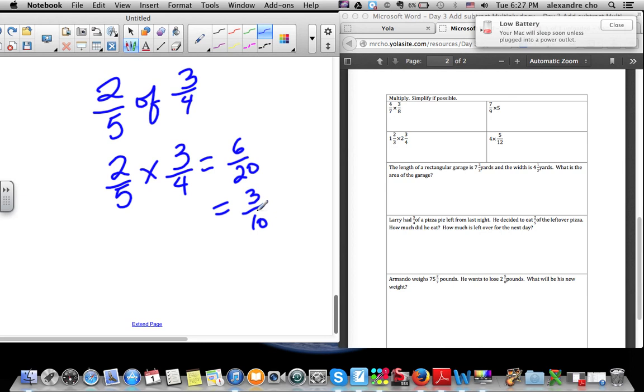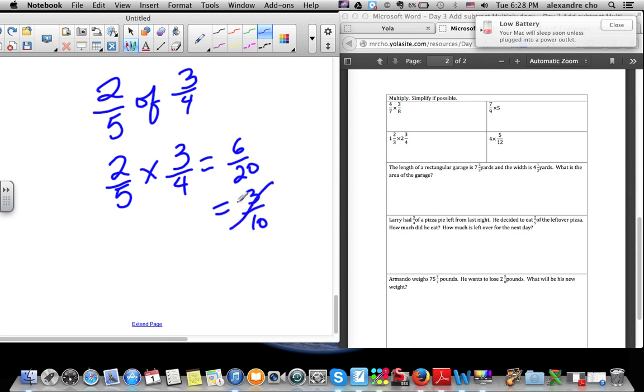And how much is left over for the next day? Well, hang on one second here. To find out what he has left over for the next day, you actually have to do something which is not simplify.